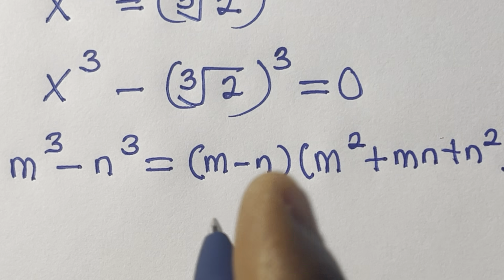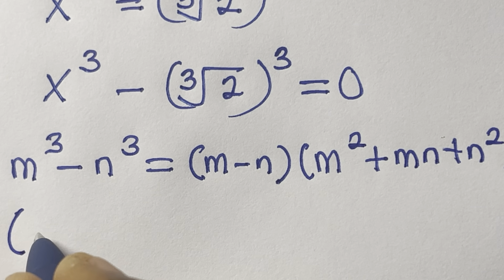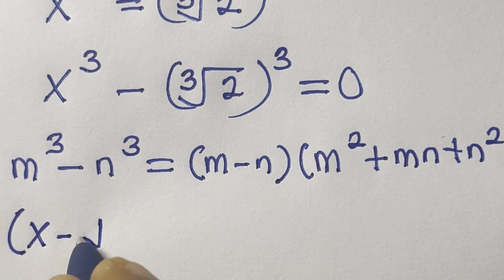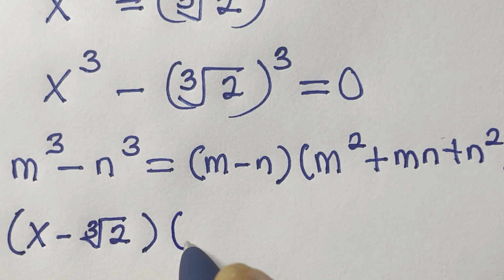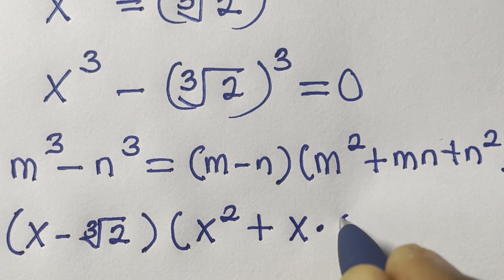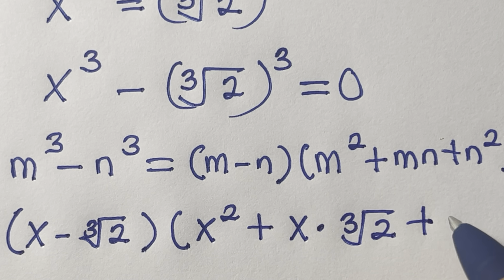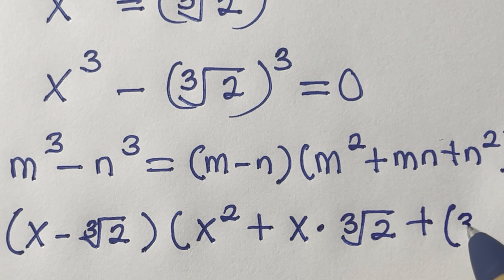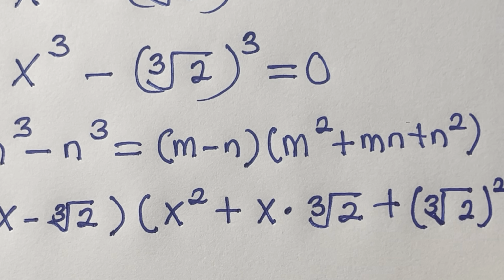If you apply this to this expression, we will have x minus cube root of 2, then multiplied by x squared plus x times cube root of 2 plus cube root of 2 raised to power 2, equals 0.